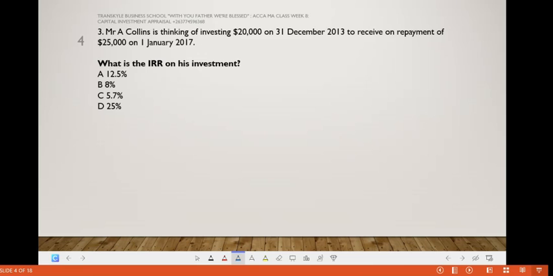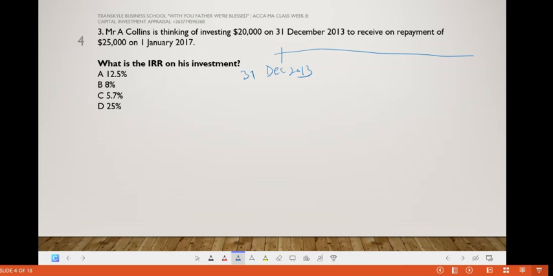Okay, so we need to know how many years there are from December 2018 to 1st January 2017. So let us draw a number line. Let us assume today is 31st December 2018.